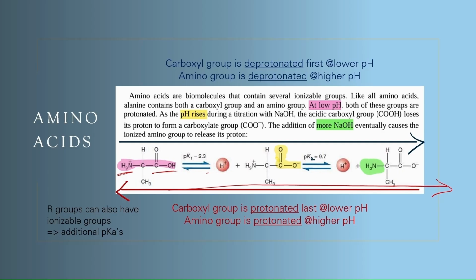So you're going to add more and more base until at one point, this proton is going to start to dissociate from each of the molecules one by one, right? And that is the pK1, okay? The first group to deprotonate, dissociate its proton, is going to be the most acidic group because it requires minimum hydroxide ions to dissociate and buffer it out, okay?